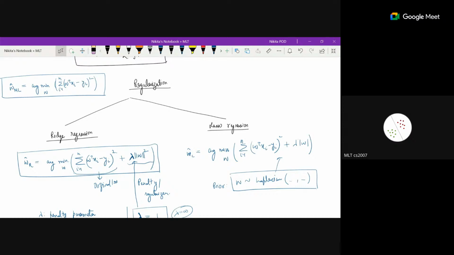And lasso regression is usually used for feature selection. All right. So that was about week 6.